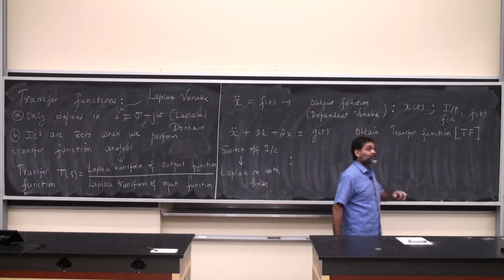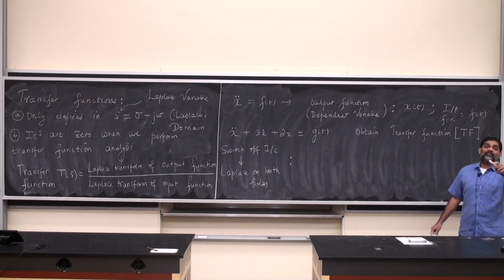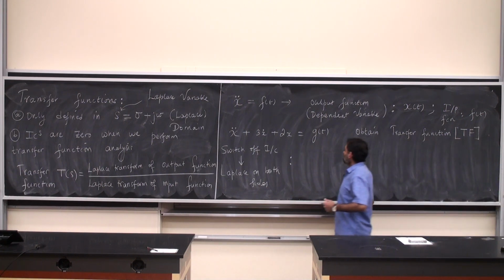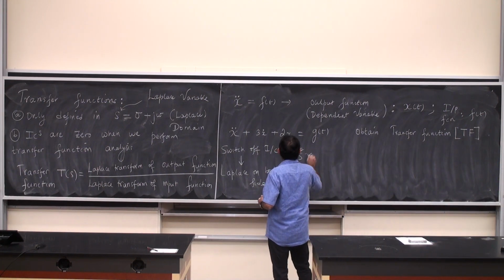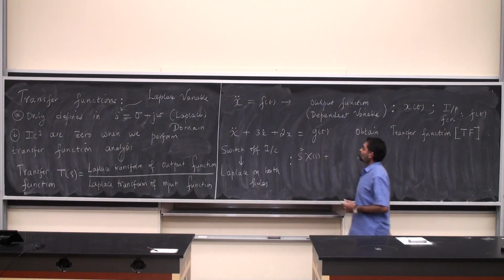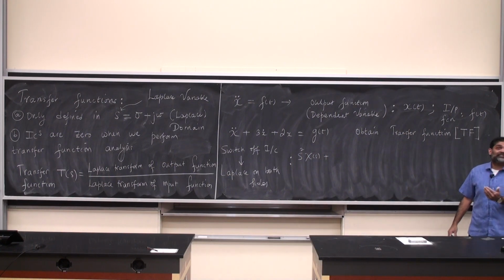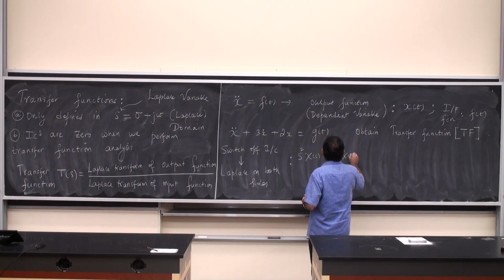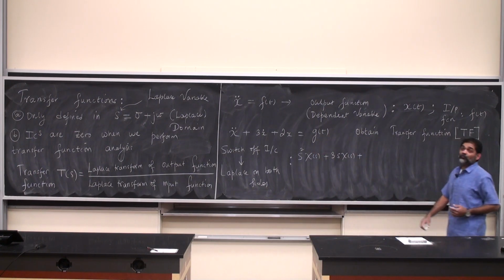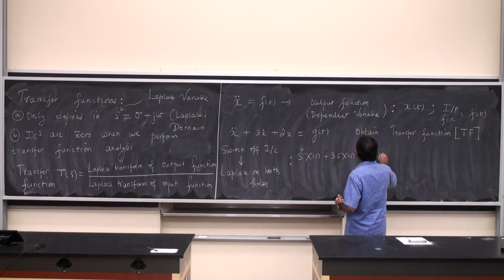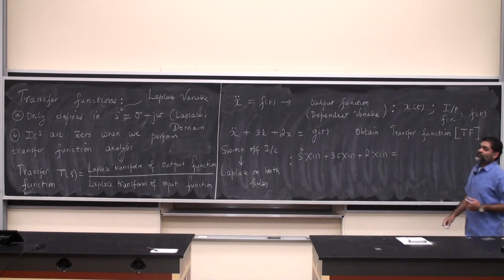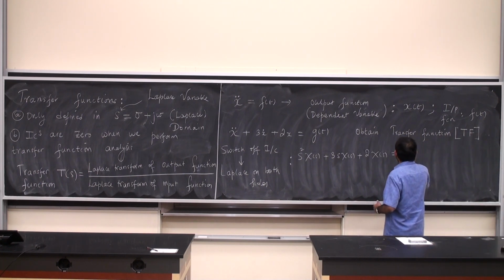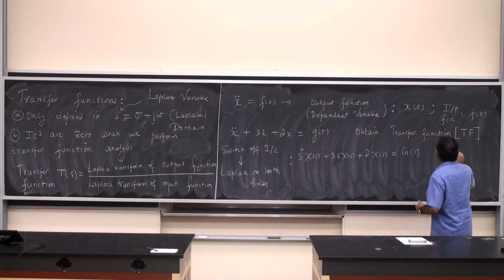If I switch off initial conditions, x double dot, the Laplace transform of that is s square times x of s. So I have s square x of s. Then the Laplace transform of x dot is just s times x of s. So 3s x of s. Laplace transform of 2x is 2 times x of s. Laplace transform of g of t is capital G of s.